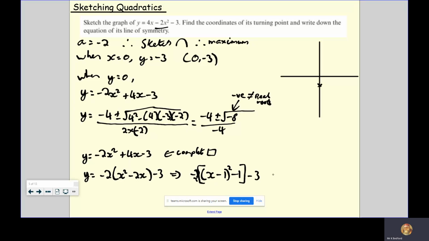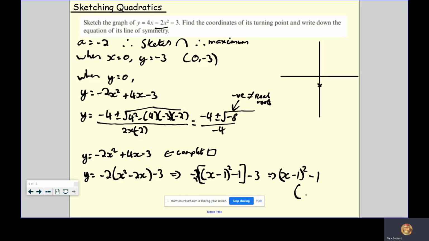Subtract 3. So getting out of this big bracket, I need to times this 1 by -2, oh, but it's negative on the outside, so that's going to give me +2. +2 take away 3 is -1. So I get -2 lots of x minus 1 squared minus 1.